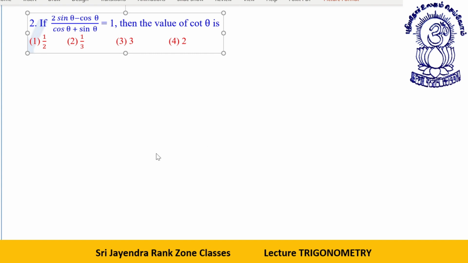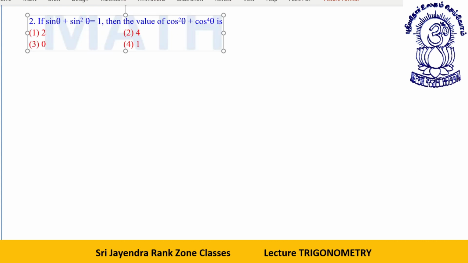The next question we have is, you have sine theta plus sine square theta is equal to 1 directly. Therefore, you will say sine theta is equal to 1 minus sine square theta, or cos square theta.